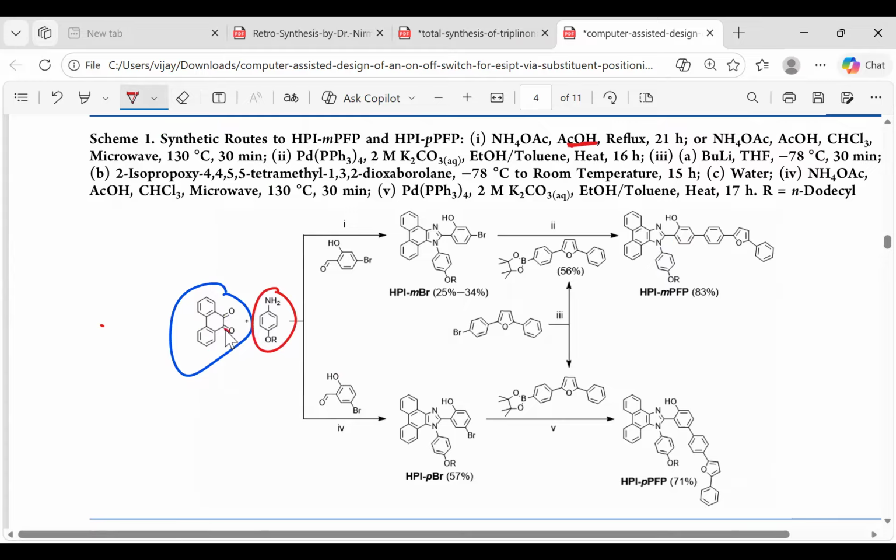So first the amine forms the imine here, right? This imine formation takes place, and then we have this compound also in between. So this is the aldehyde.